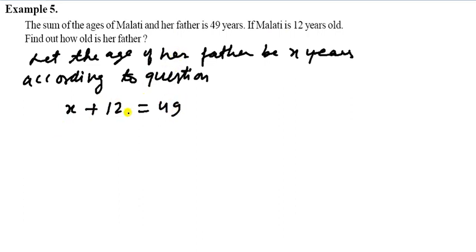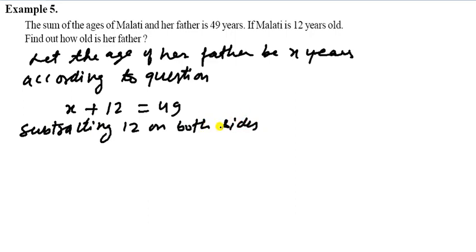So now subtracting 12 on both sides. It gives x plus 12 minus 12, and here is 49 minus 12.